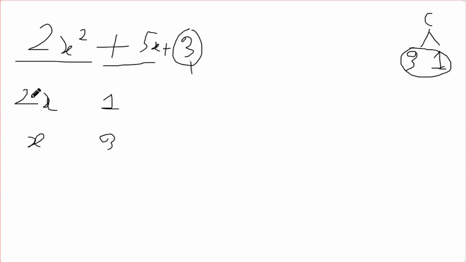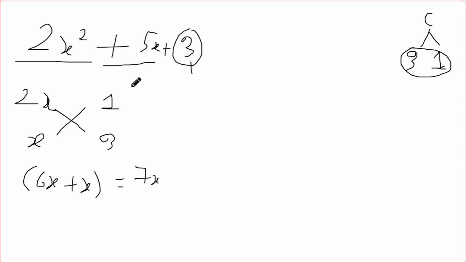Why? Because if we cross multiply now, it's going to be 6x. 2x times 3 is 6x, and x times 1 is x. So 6x plus x is going to be 7x. Did it match? No, it didn't, right?